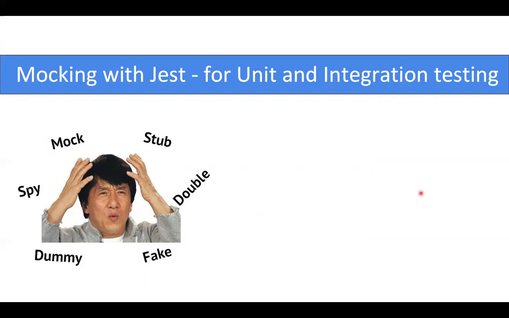Sometimes it can be quite troublesome to understand what someone means when they say mock, because different library maintainers use different words. They might say stub for mock or the other way around, and so on.